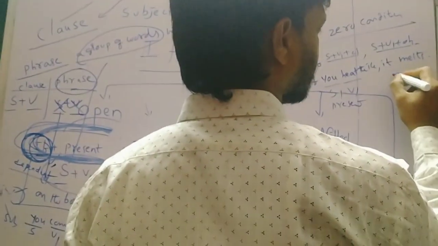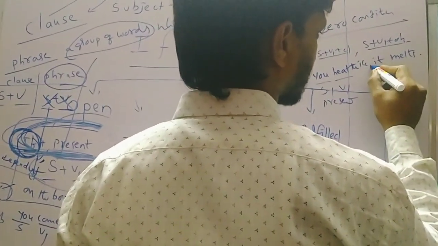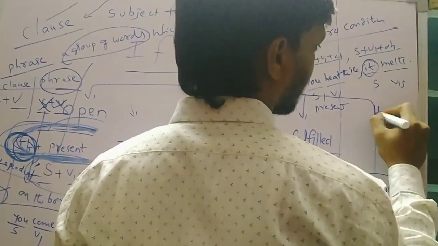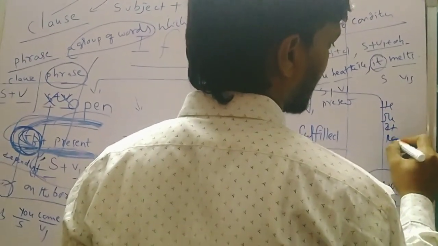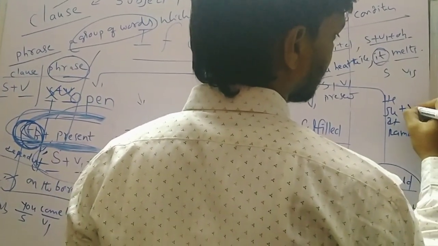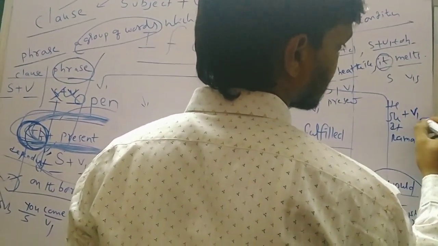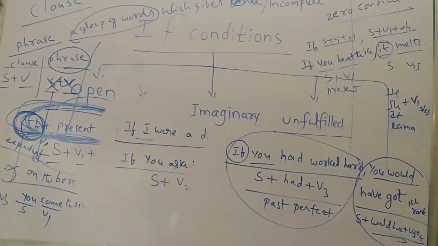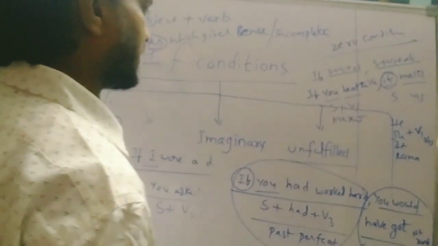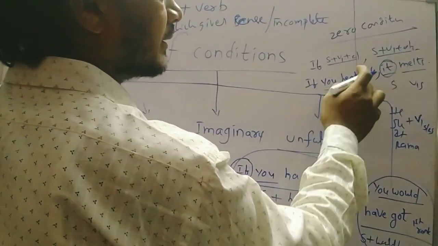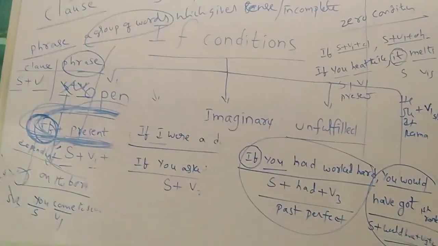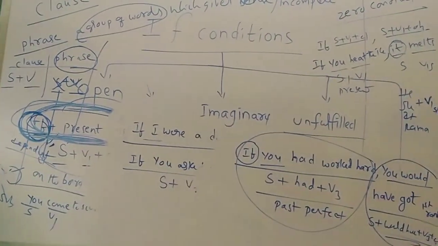But in the second sentence, it is the subject, so here I placed a comma. This is a V1, yes. The subject is third person singular. Generally he, she, it, Rama are third persons. They are singular. So in present simple, S or ES should be added to V1. So the zero condition structure is if plus present simple tense, main clause present simple tense. This is the basic introduction to conditions.